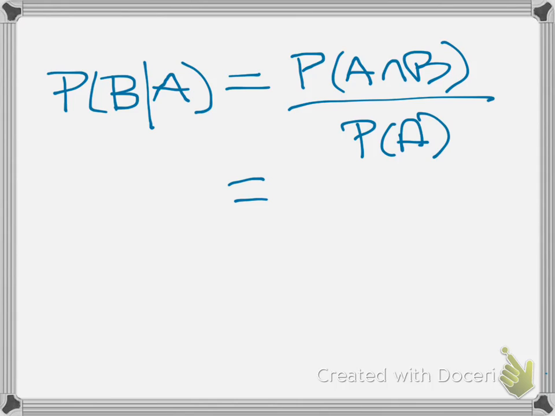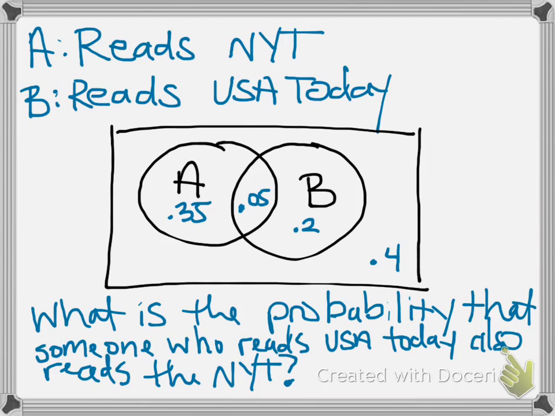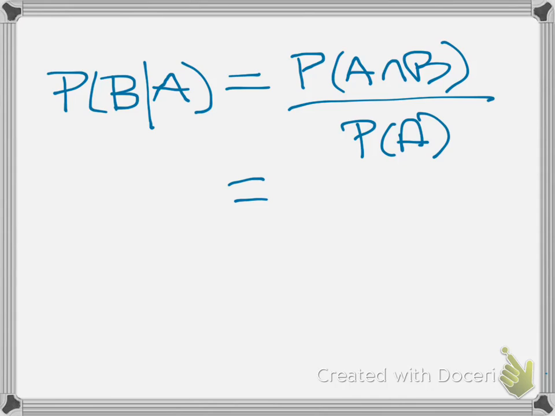And really this is what we're looking at. We're trying to calculate a conditional probability. We want to know the probability that someone who reads USA Today also reads the New York Times. So given that they read the New York Times, what is the probability that they also read USA Today? We can rephrase it that way so that we understand that this actually is a conditional probability situation.